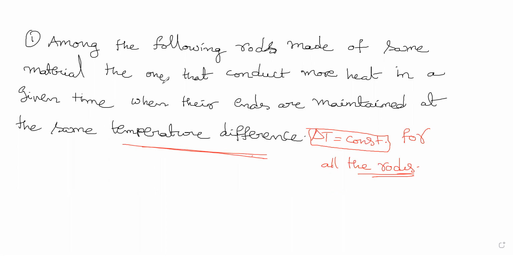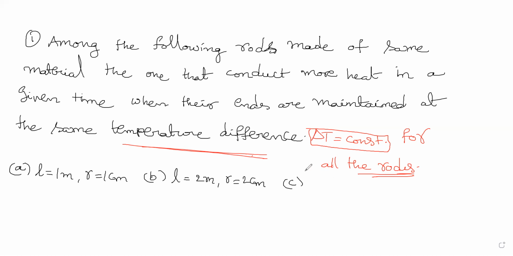So I'll give you the options right now. Option A is that L is equal to 1 meter and R is 1 centimeter. They are all cylindrical rods, okay? Option B, L is equal to 2 meters and R is equal to 2 centimeters.